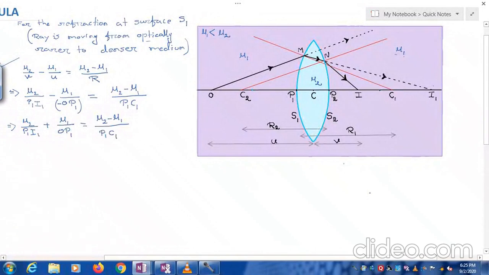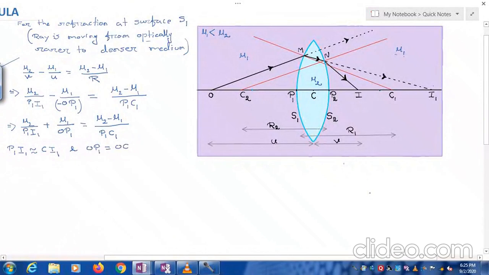Now let us make an assumption that P1 and C are very close to each other. Obviously, in comparison to this object distance and image distance, this distance P1C is very less. So the distance P1I1 is nearly equal to CI1, and the distance OP1 is nearly equal to OC.